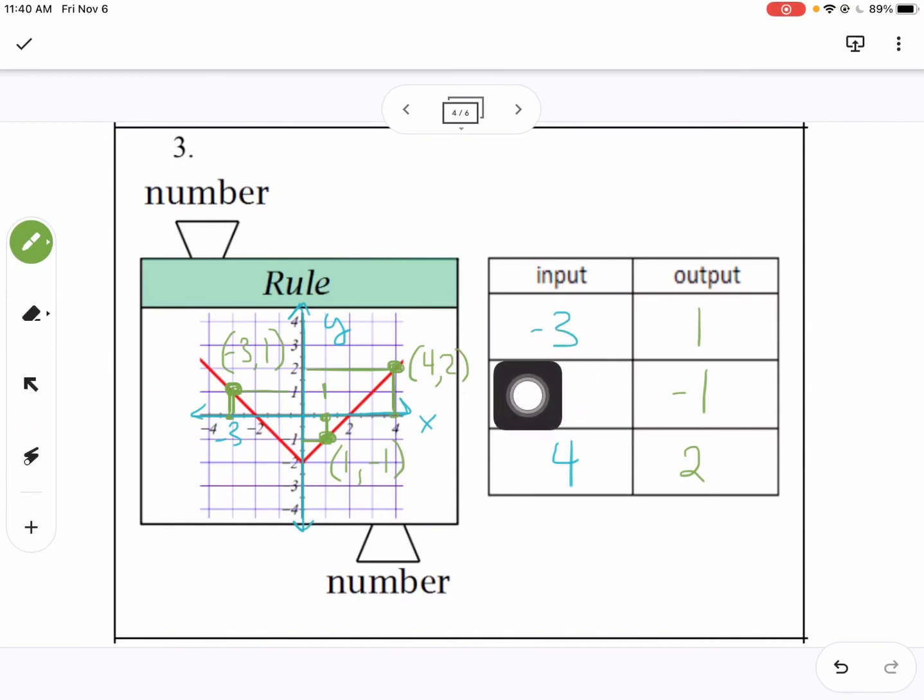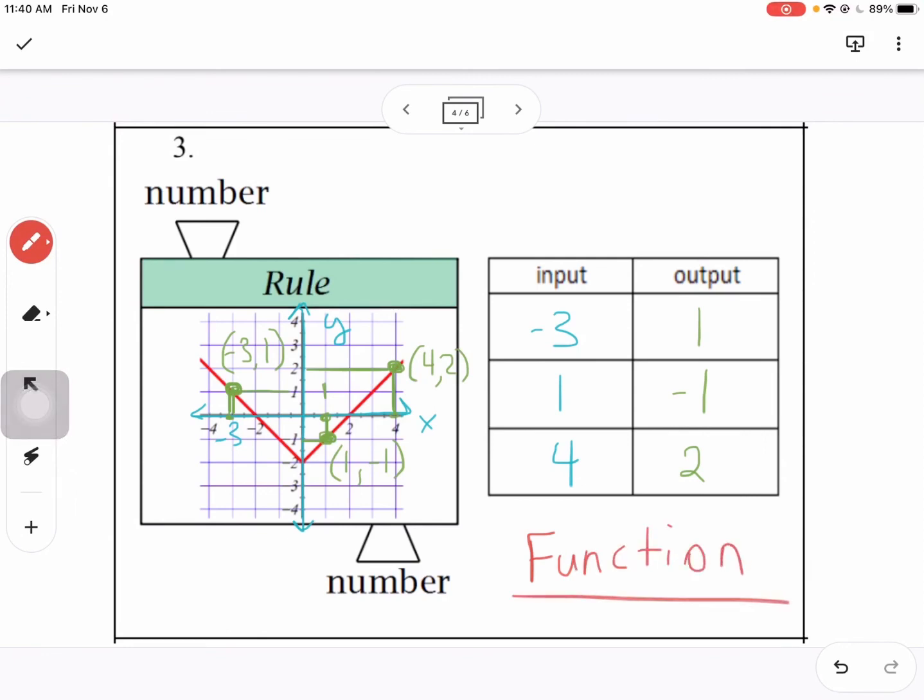Well, I can see every time I input -3, the only output I'm going to get is 1, because I only hit my line for my function at 1 point. Same for 1, I only hit it at 1 point. And for 4, I only hit my function at 1 point. That means that this is a function.